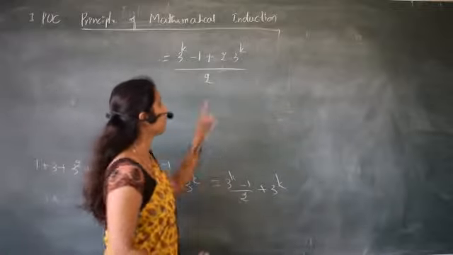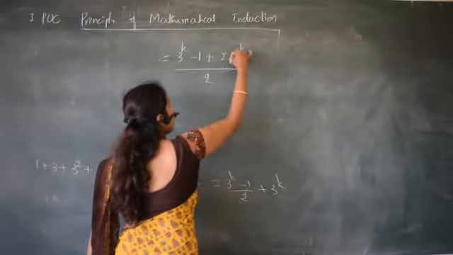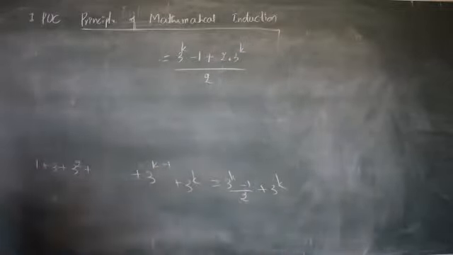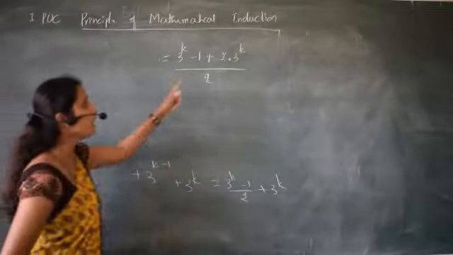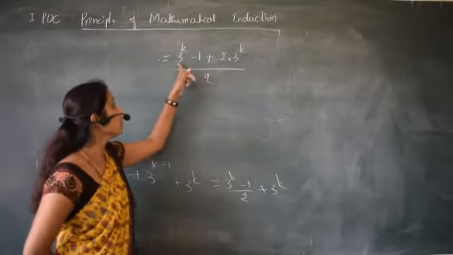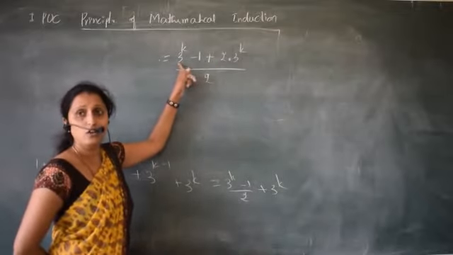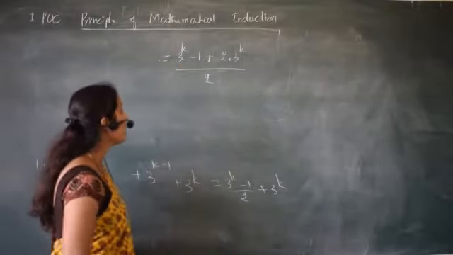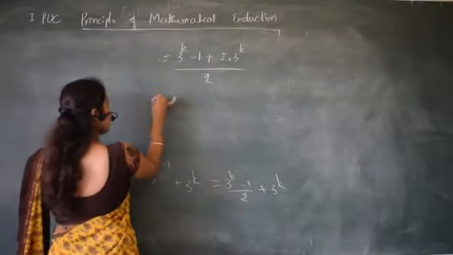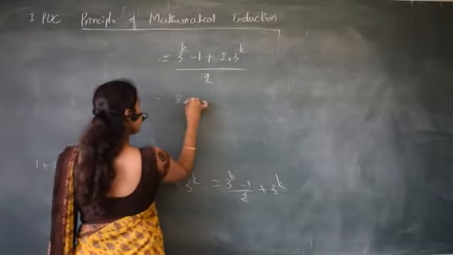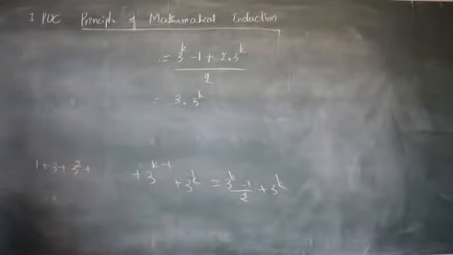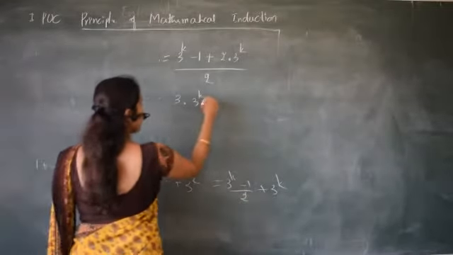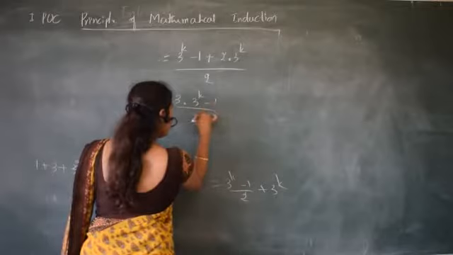That means 2 into 3 power k. Now you can see this is 2 times 3 power k and this will be 1 time 3 power k. So totally how many times 3 power k? 3 times 3 power k, totally 3 times 3 power k minus 1 divided by 2.